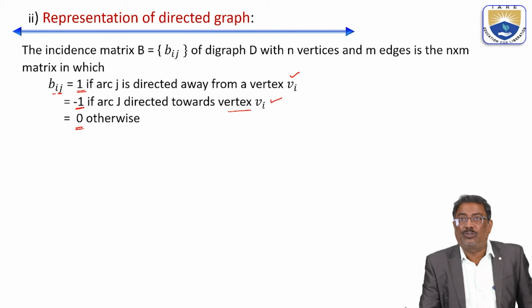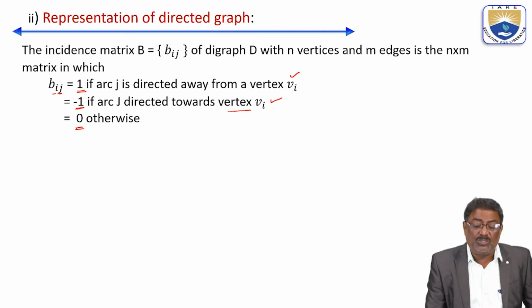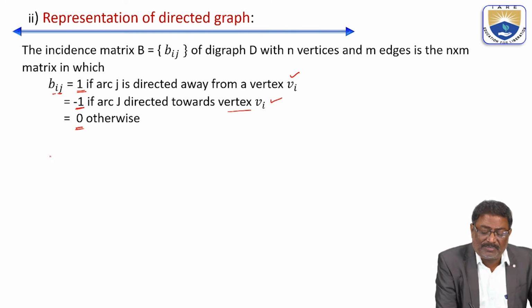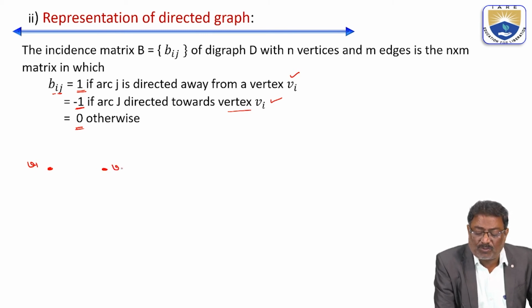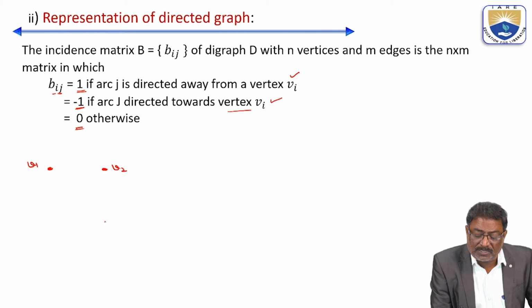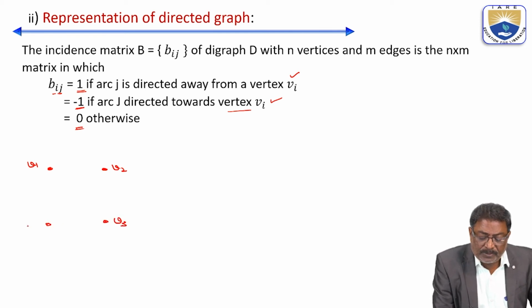If directed towards vertex vi, I can take it as -1, and otherwise it will be 0. In the same way, let us consider one example. Here, in the same way, whatever graphs we have discussed so far, I am just taking V3 and V4. So let us consider a digraph.